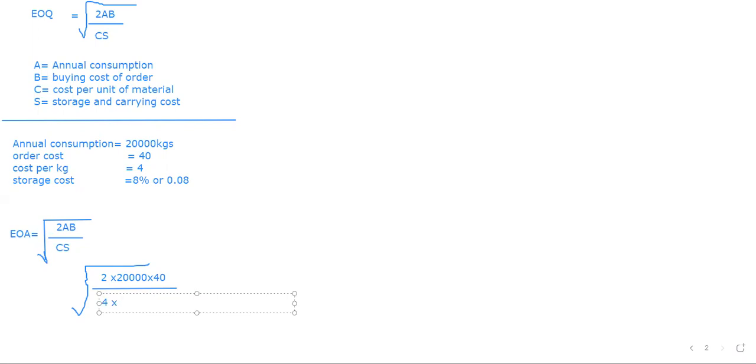I said you can take it either way: either multiply directly as 8%, or take it the way I have told you. So either way you can take it. Here 8%.